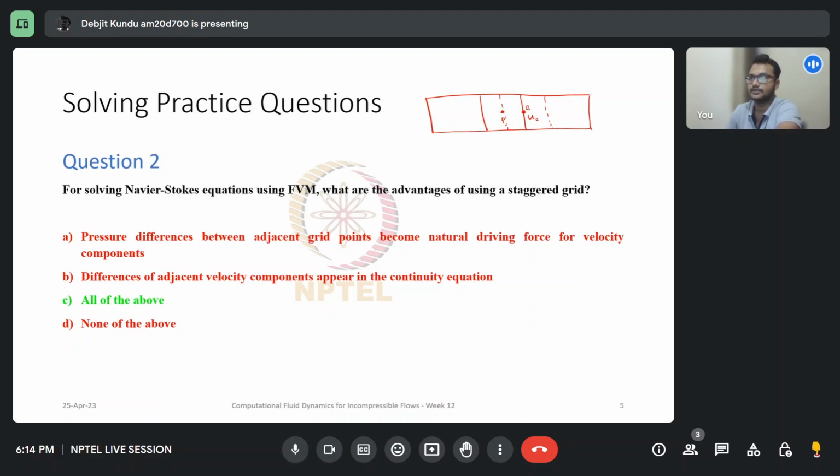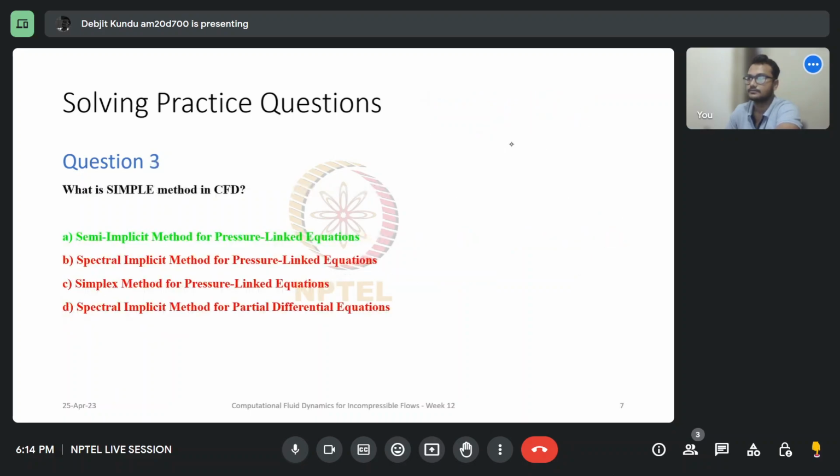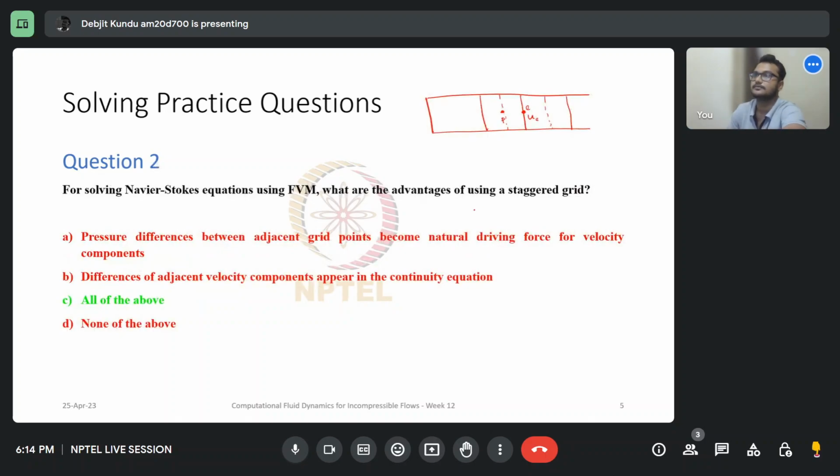So this is UE, and similarly the adjacent cell, so this is cell E, this is cell W, and I have another staggered cell over here where I'm storing UW.